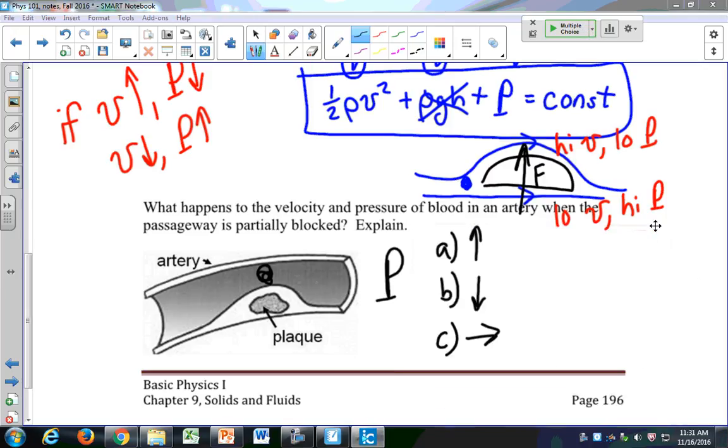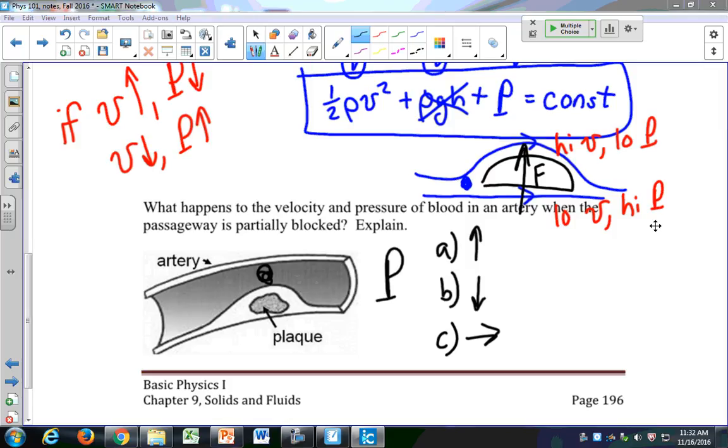I know you think when I get plaque in my arteries, that causes high blood pressure, and that is true, but that's a systemic pressure. What we have here, though, is that there's something else going on, the Poisson equation that we're not going to get to, but if I have a blockage here, that means that my speed is going to increase by the equation of continuity.